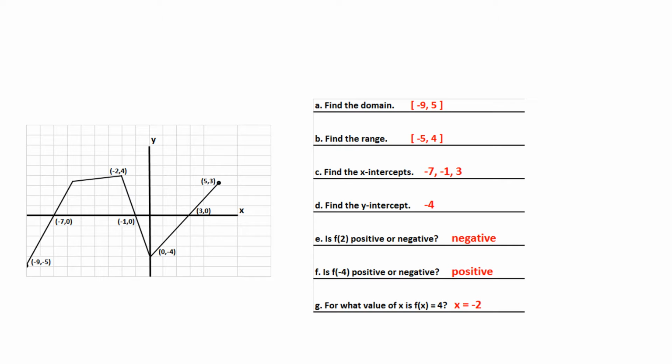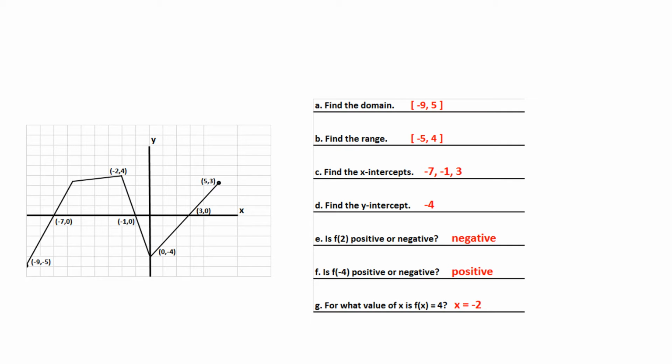The lowest value is -5, and the highest value is at x is -2. The y value is 4, so it's bracket -5, bracket 4. Find the x-intercepts. Where do you touch the x-axis? -7, -1, and 3. Where do you touch the y-axis, the y-intercept?